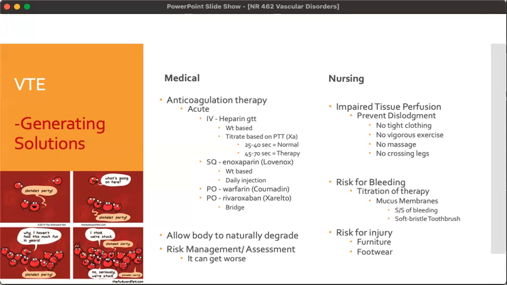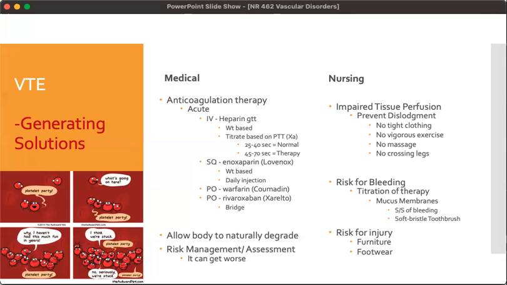For the last 5 years, we've been using Xarelto with no antidote available, which is a little frightening when we're talking about creating bleeding in patients. Basically, if they start bleeding, there was nothing you could do about it, which was not super reassuring in the healthcare world. But now we do have an antidote available. Unfortunately, it's not widely available, so there's still a bit of bleeding risk with Xarelto.